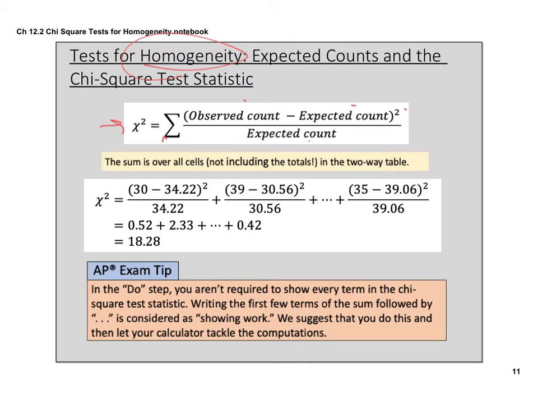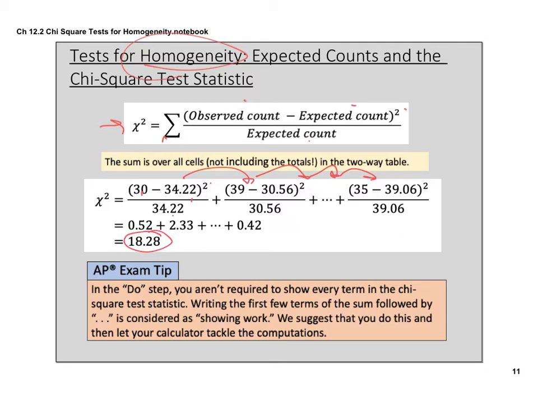So chi-square for this would be 30 minus 34.22 squared divided by 34.22. Basically, they're going to add that up for every single cell, every row and every column, aside from the totals. You're doing just the data. So every row and every column gets this piece added up, and you get a chi-square statistic of 18.28.